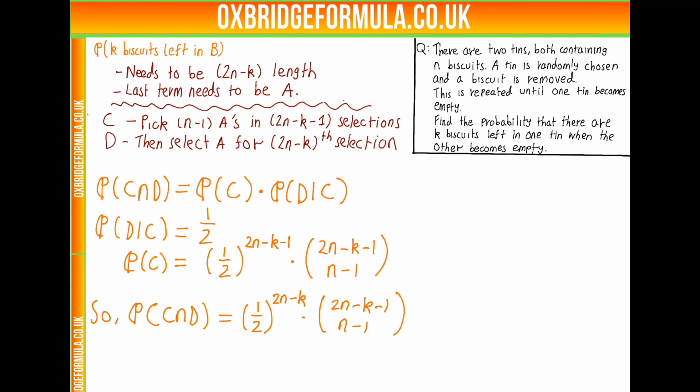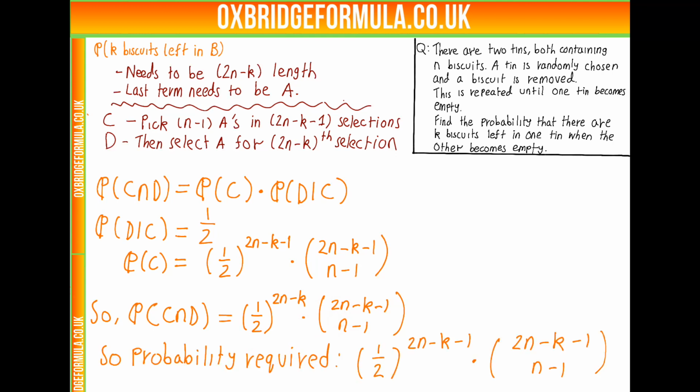And clearly the probability of k biscuits left in A is exactly the same as the probability of k biscuits left in B, so we need to double this. So we've done that just by decreasing this power by 1. And our required probability is a half to the 2n minus k minus 1 times 2n minus k minus 1 choose n minus 1.